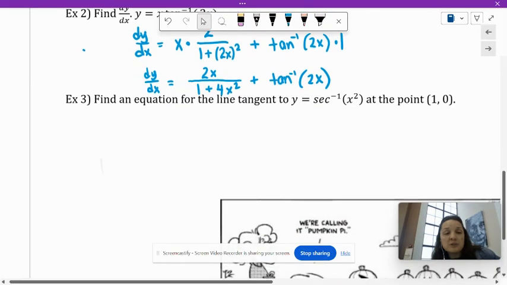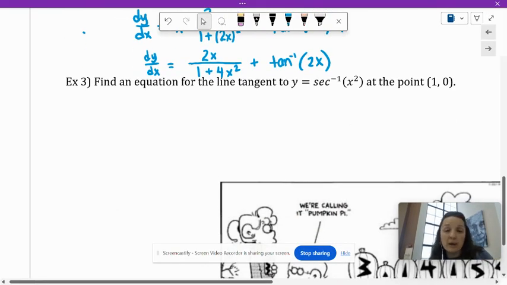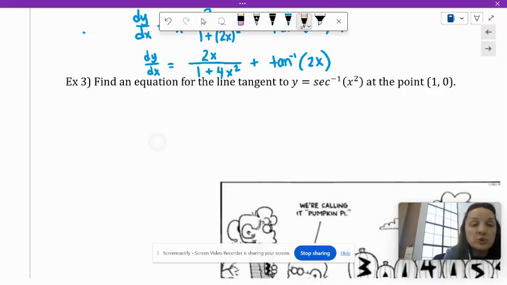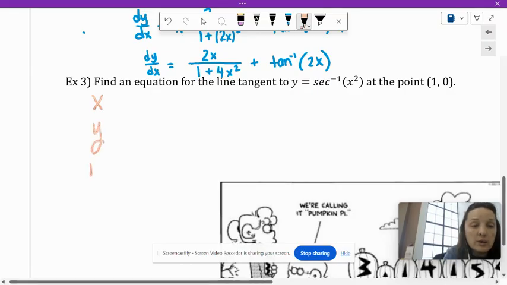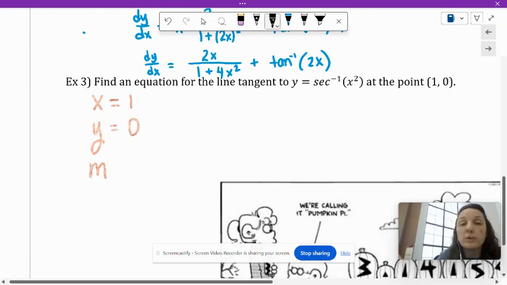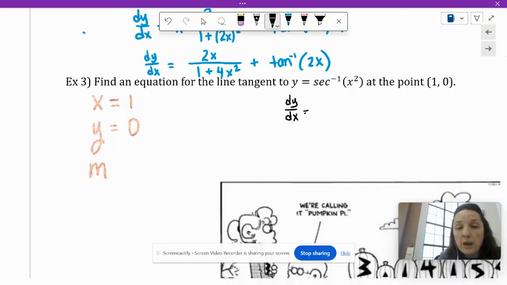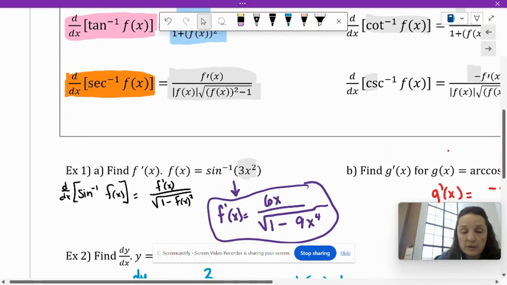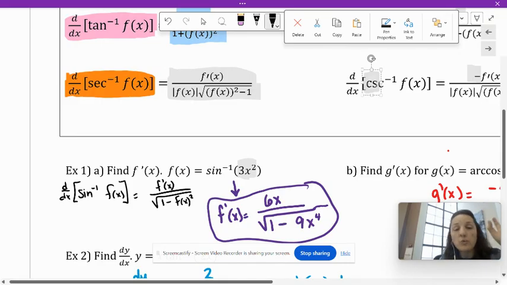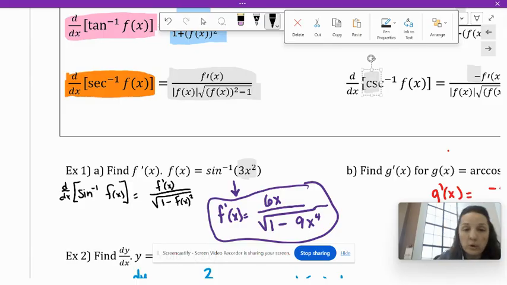And then last but not least, this one says find an equation for the tangent line to inverse secant of x squared at the point (1, 0). What do I need for a tangent line? x, y, slope. x is 1, y is 0. Slope comes from the derivative. Inverse secant says f prime over the absolute value of f times the square root of f squared minus 1.